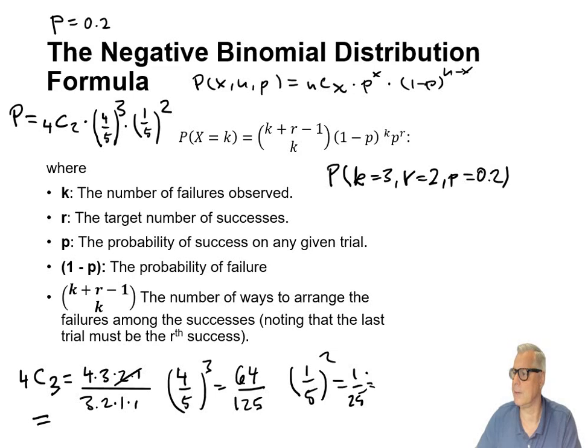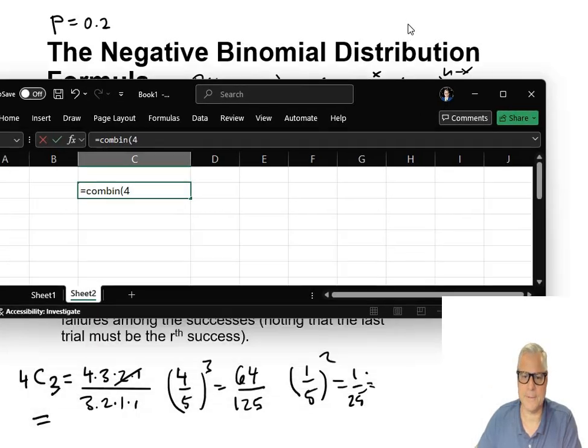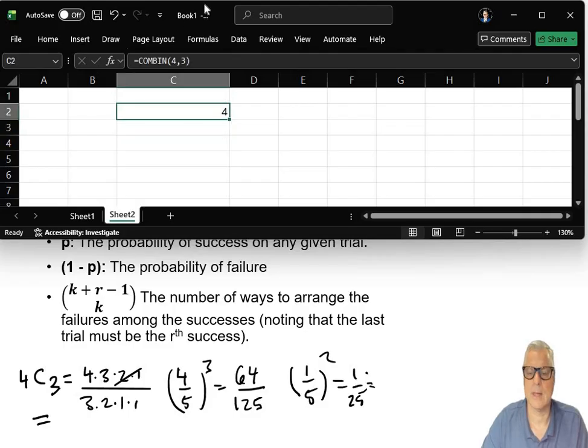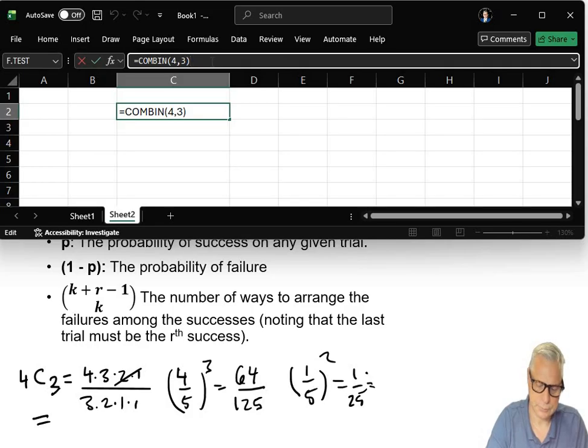So that's correct, that was my mistake. So 4 choose 3 is 4, times 4 over 5 cubed, which is 64 over 125, times 1 over 25.